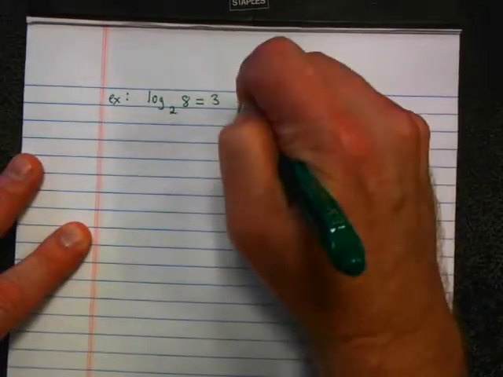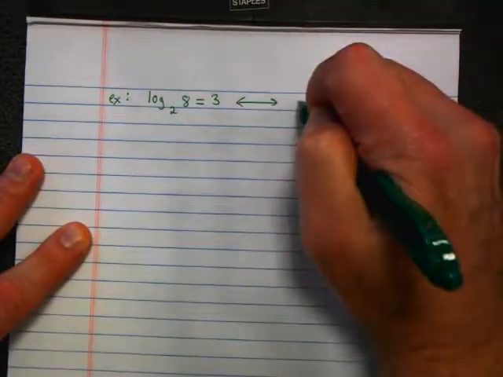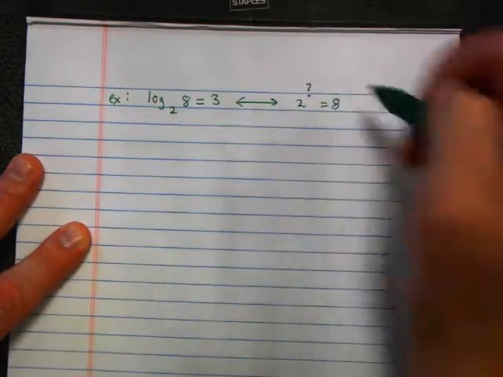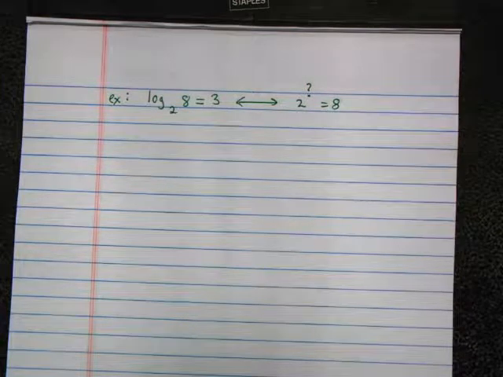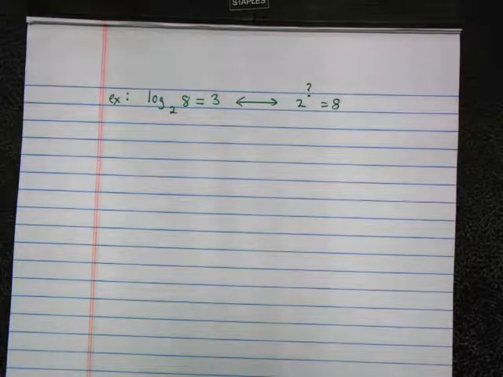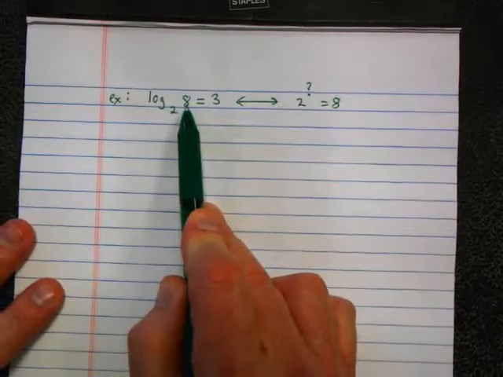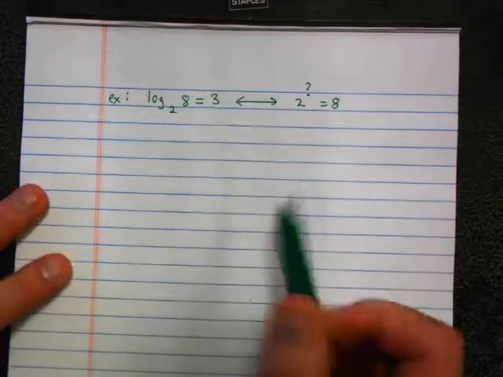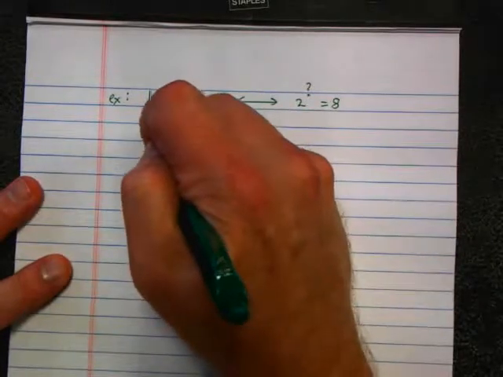When we convert to exponential form, this is the same as asking you 2 to what power gives you an answer of 8. 2 cubed gives you an answer of 8. All right, so you can see I plugged in x was a positive number, and y turned out to be a positive number also.